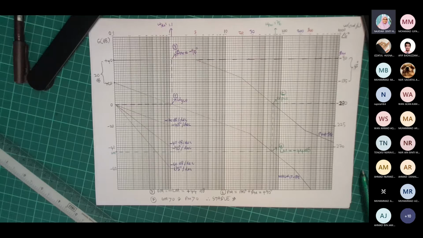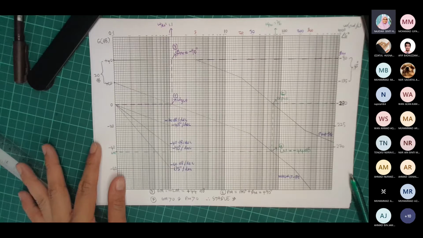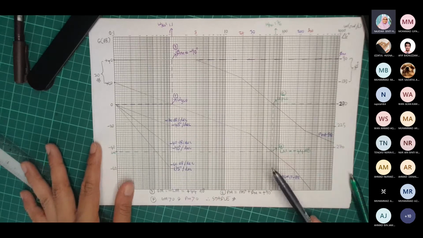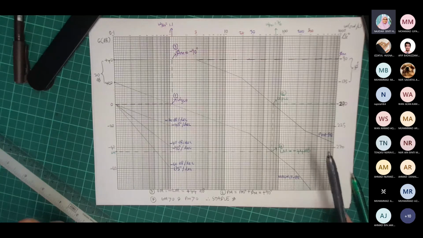But I want you to repeat for your practice, sketching this Bode plot, but please reduce the time. For this one, I assume that we have spent about 1 hour and 30 minutes to sketch the Bode plot for magnitude and phase, including the analysis.